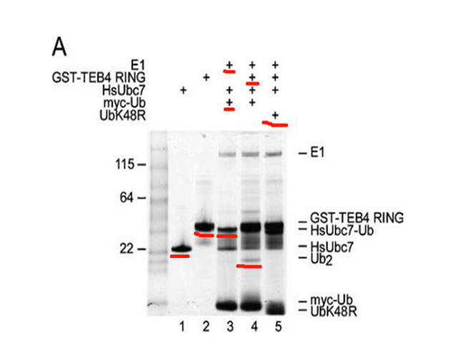If the authors are correct, this should result in a loss of the ubiquitin dimer as shown here. Given that all the other components of the reaction are migrating at the same position, this appears to support the author's conclusion that the K48 residue is required for the ligase activity of the TEB4 ring domain.